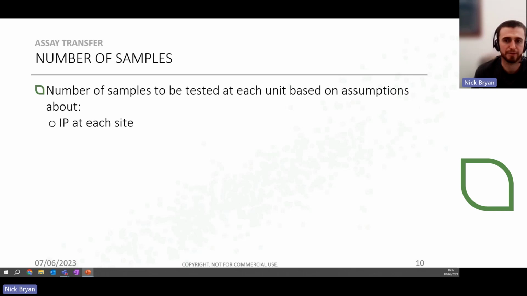But this can get quite confusing when we're talking about variance components, because we could particularly pull out the site level variability, but that's not quite the same thing. So they're talking specifically about intermediate precision at each site.